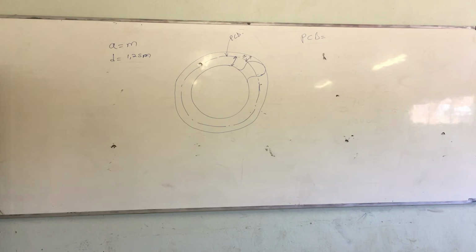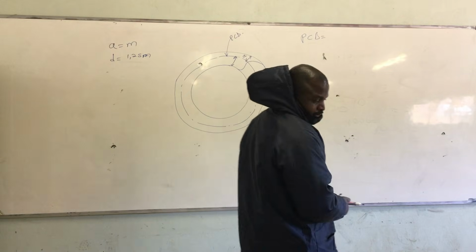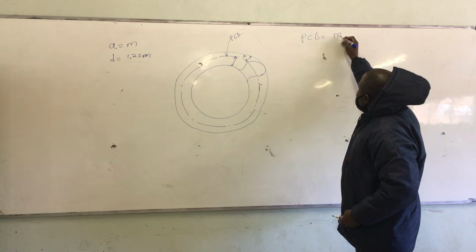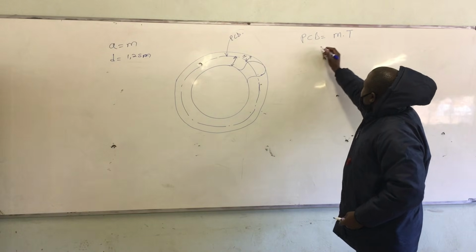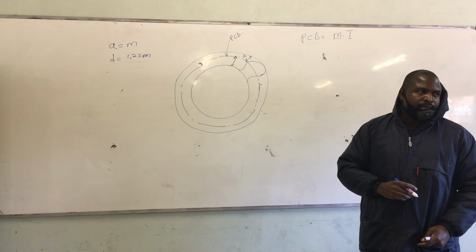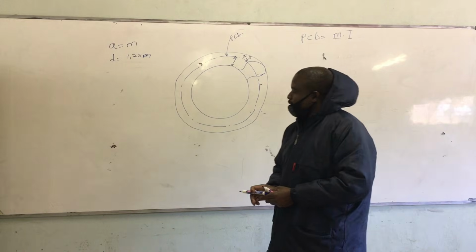PCD is equal to M times T. It's a module times number of teeth.